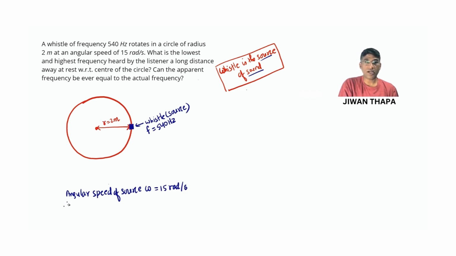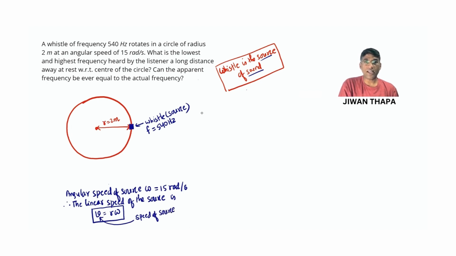Therefore, we can write the linear speed of the source as v equals r times omega. This v represents the speed of the source.